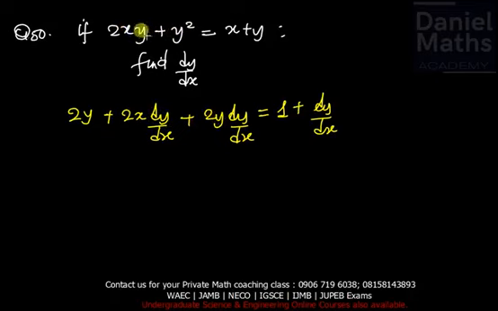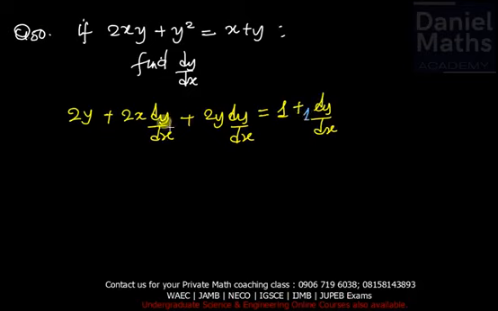But take note, whenever I differentiate the y term, I must maintain my dy/dx. So I differentiate x, this gives me 1. I differentiate y, it gives me 1, with an invisible coefficient 1 on dy/dx, but in mathematics we don't write that.